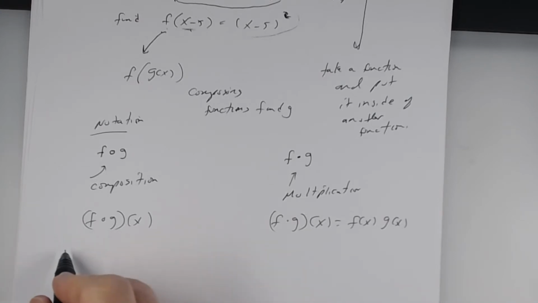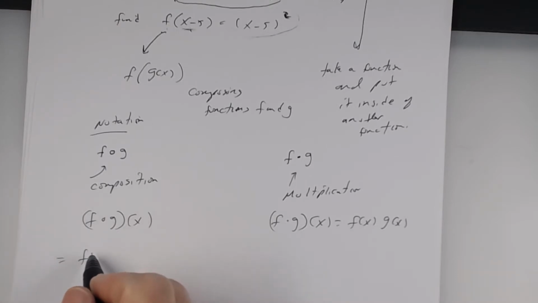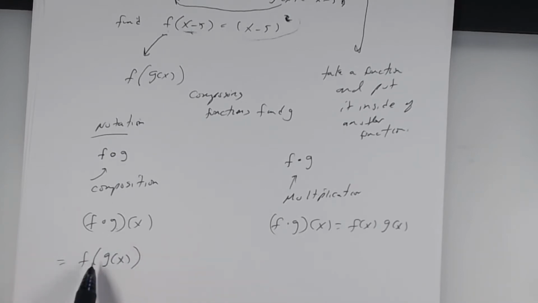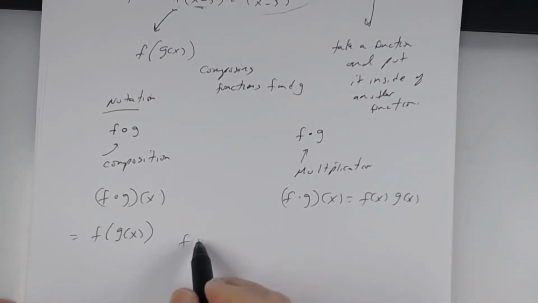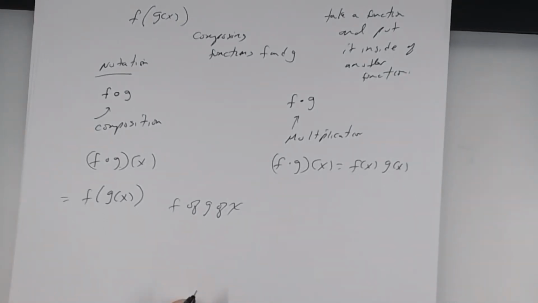This is composition. Whatever's listed first goes on the outside. So F is listed first. So that says I'm taking G and putting it inside of what? F. So it looks like this. So this right here means F of G of X. That's what that means. That's how you read it.